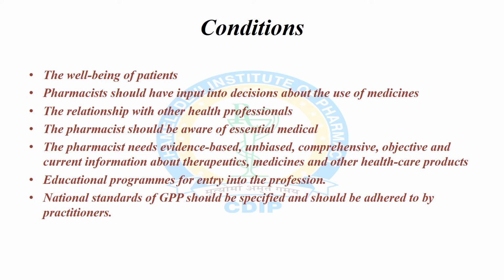A system should exist that enables pharmacists to report and to obtain feedback about adverse events, medicine-related problems, medication errors, misuse or medicine abuse, defects in product quality, or detection of counterfeit products. Then, the relationship with other health professionals, particularly physicians, should be established as a therapeutic collaborative partnership that involves mutual trust and confidence in all matters relating to pharmacotherapy.